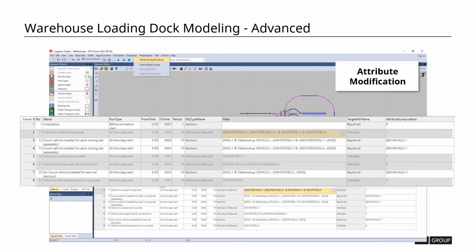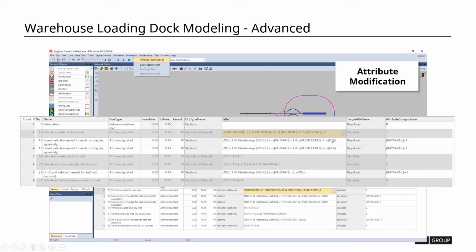Those are also primarily used to count the number of bays available. Initially, on the top, you can see that initialization happens, and number of bays available is set to 8 before the simulation starts. Then, once you have that section number 1, because this is tied to the section here, it's going to look for the vehicle information in vehicle state 1 that took routing decision number 1.